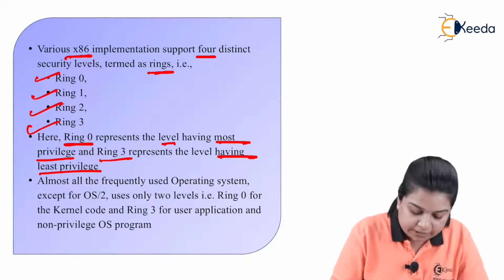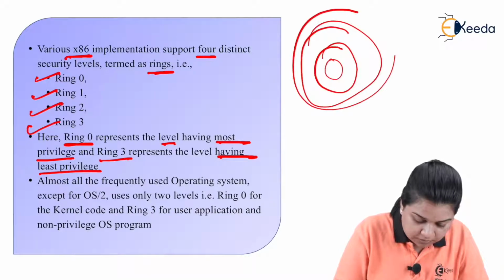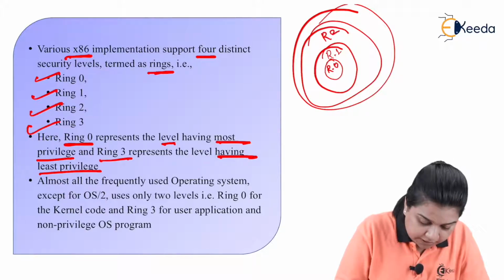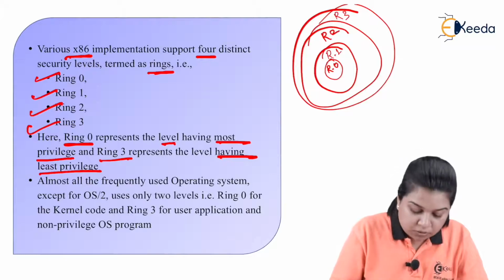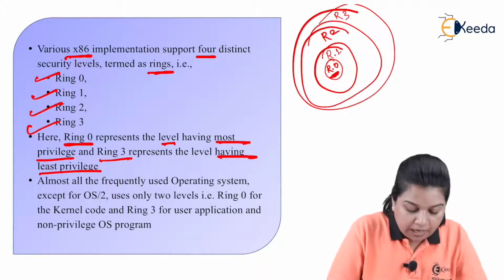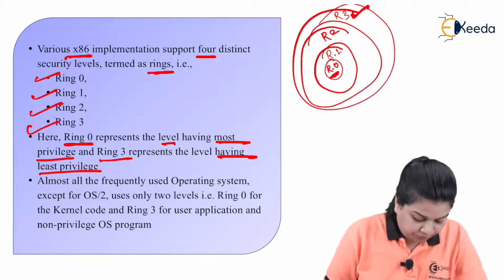We have seen in the diagram there are 4 levels. So this is ring 0, this is ring 1, this is ring 2, and this is ring 3. Ring 0 is the most privileged layer, and ring 3 is the least privileged layer.